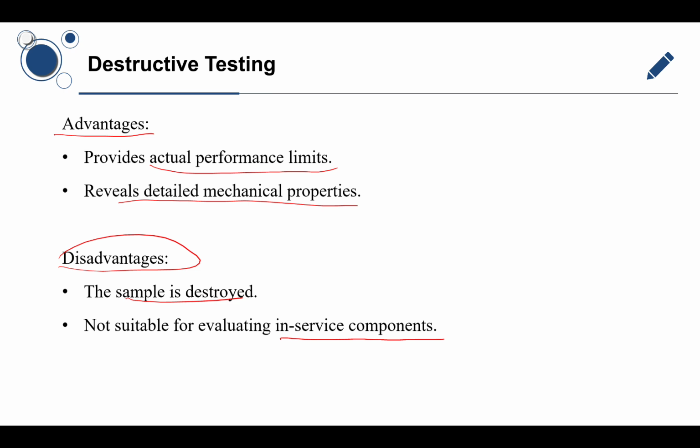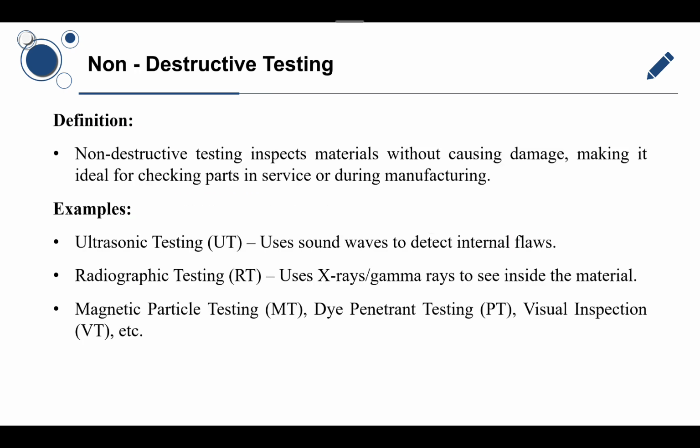Next, we are discussing non-destructive testing. Non-destructive testing allows us to inspect materials without causing damage. This is the fundamental difference from destructive testing. Destructive testing means damaging or destroying the material, but here we inspect the material without causing any damage.